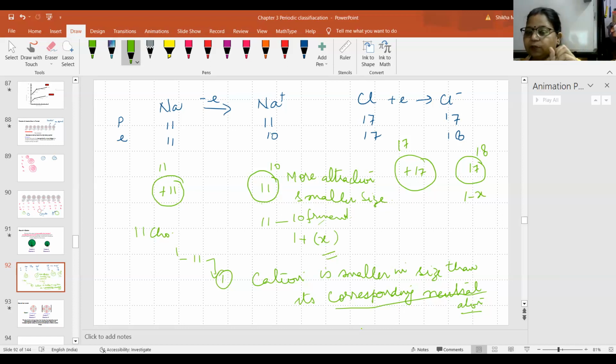So that means attraction is decreasing. What you wrote for cation, the reverse is true for anion. Lesser attraction, that means everyone has got a lesser amount of chocolate. So lesser attraction means larger size. Same thing, you have to write that the size of anion will always be larger than the corresponding neutral atom. Is it clear to all of you?